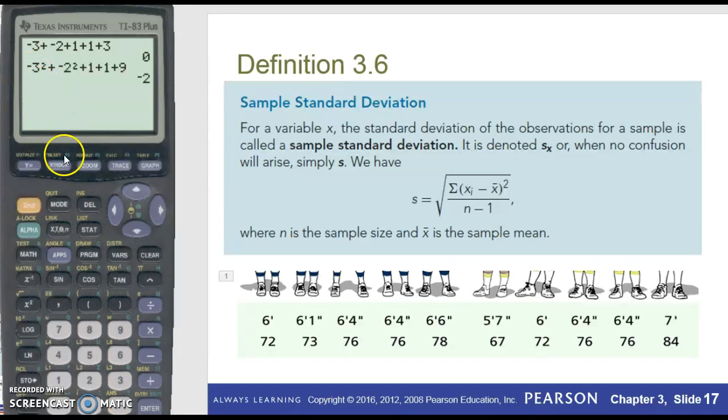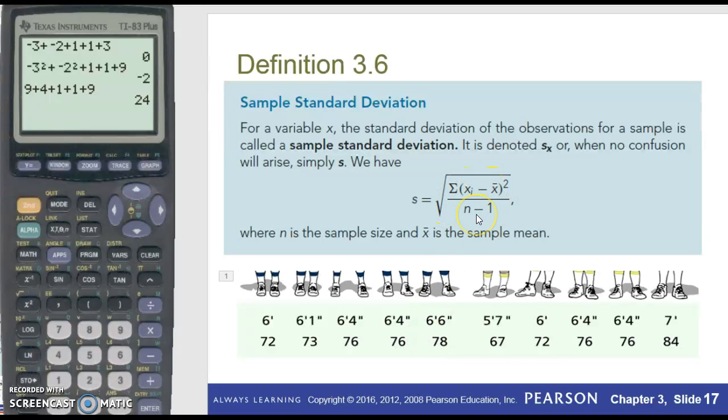So let me just do this again. If I take negative 3 and square it, that's 9. Plus negative 2 squared, that's negative 2 times negative 2, which is 4. And then plus the 1 squared, plus the 1 squared, plus the 3 squared, which is 9. Now you can see I don't get 0. And so by squaring all of the distances from the mean, I get a number that's not 0.